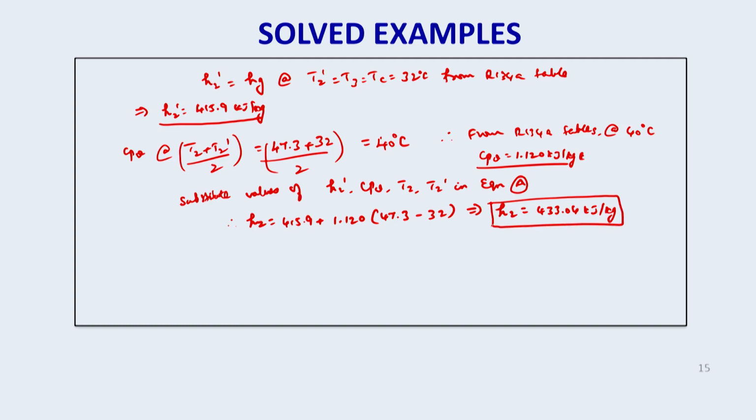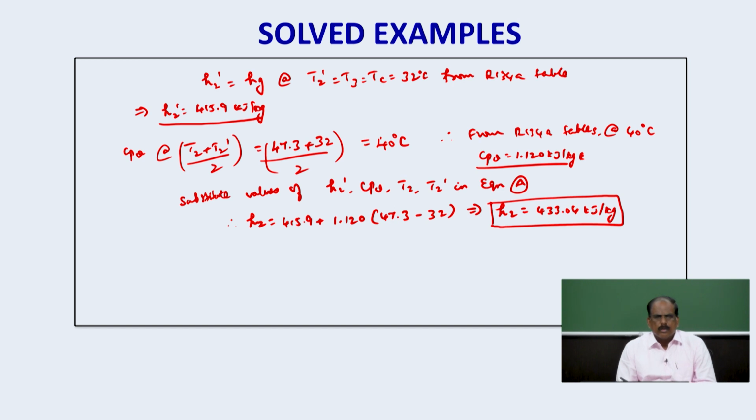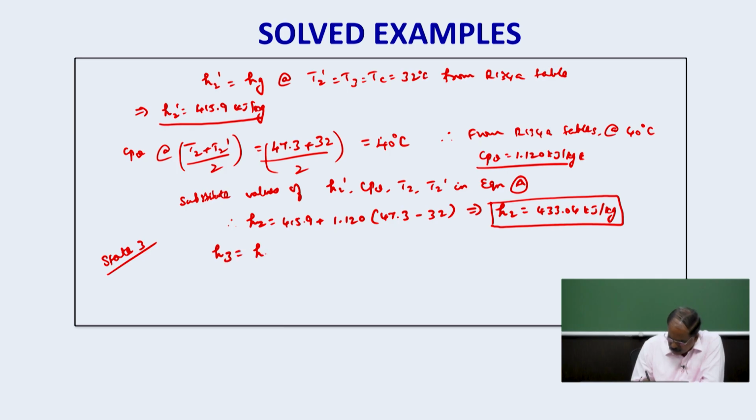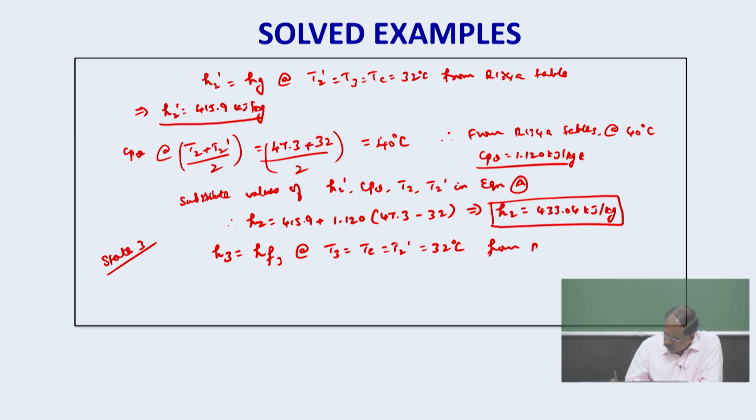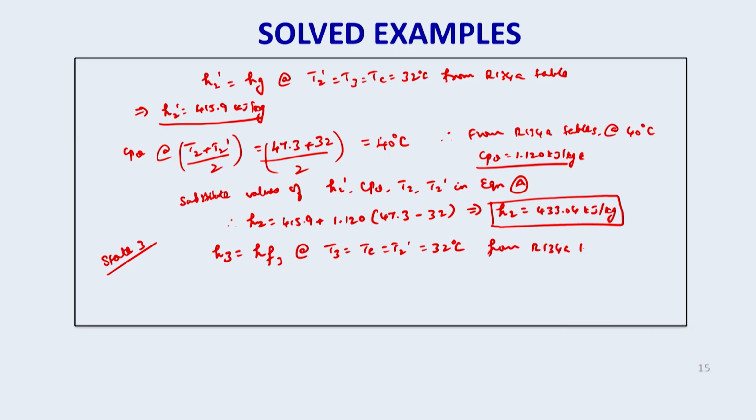Now we have found the enthalpy at state point 1 and state point 2. Only state point 3 is pending. It can be taken directly from the tables. Enthalpy at state point 3 is equal to liquid enthalpy at T3. T3 is nothing but Tc, which is nothing but T2 dash, equal to 32 degrees centigrade, from the R134A tables.